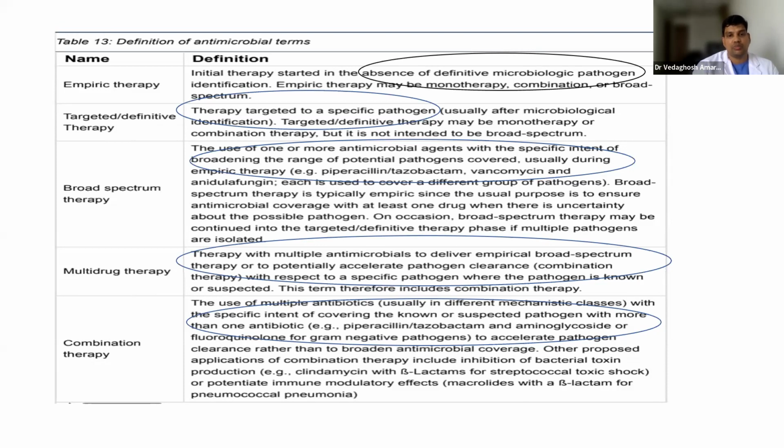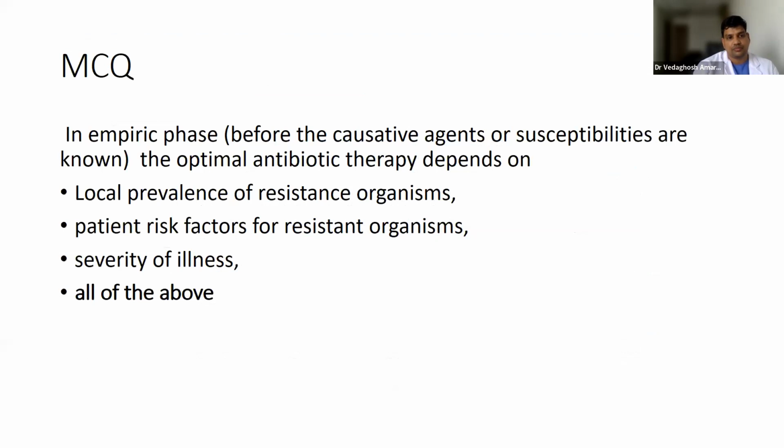What is combination therapy? This is nothing but you are giving different antibiotics of different classes. Like for gram-negative coverage, you are giving piperacillin tazobactam and an aminoglycoside. Then it is called combination therapy. It is a part of multi-drug therapy. So these are the different antimicrobial terms which can be asked in the exam. You just have to remember these things.